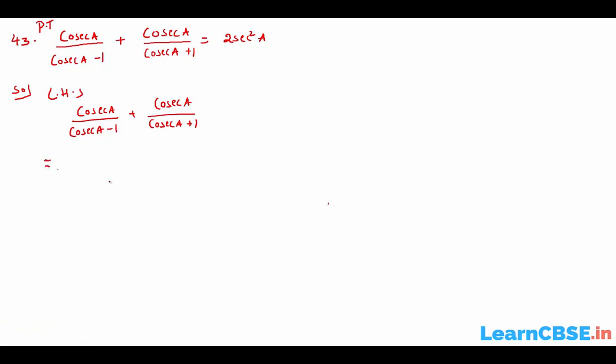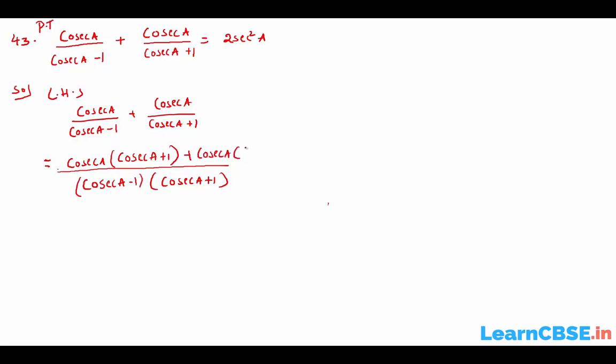That equals, take LCM here, cosecant A minus 1 into cosecant A plus 1. So here the numerator is cosecant A into cosecant A plus 1, plus cosecant A into cosecant A minus 1.